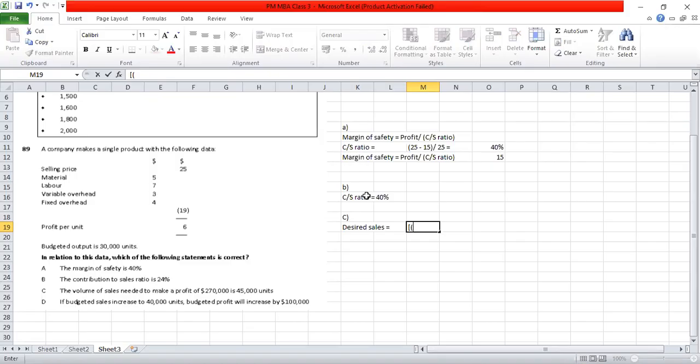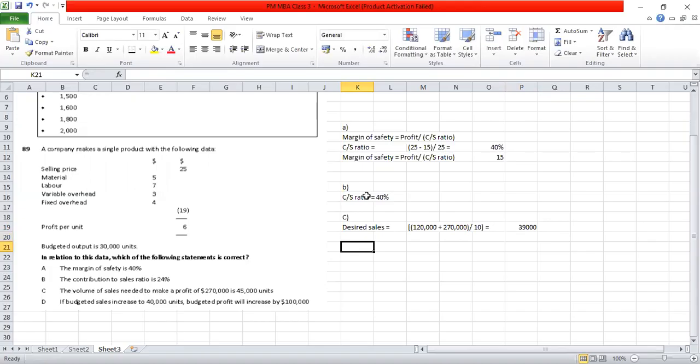So for the total output of 30,000, it will be 120,000, plus the profit of 270,000, then divided by contribution margin per unit. Contribution margin per unit is 10. So 390,000 divided by 10 is 39,000 units, not 45,000 units.